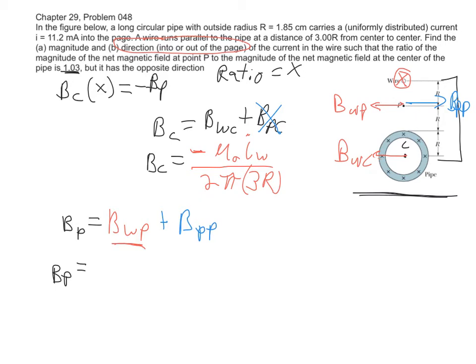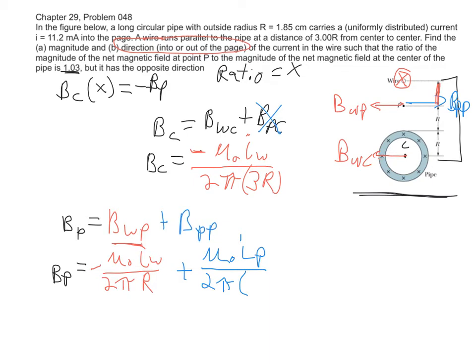We found that for the wire, we're going to have negative mu naught I of the wire over 2 pi times the distance away, which in this case is just a single r, this distance here, plus the B due to the pipe, which is going to be mu naught times the current, which now is I sub P, the current in the pipe, which is given to us, divided by 2 pi times its distance away.